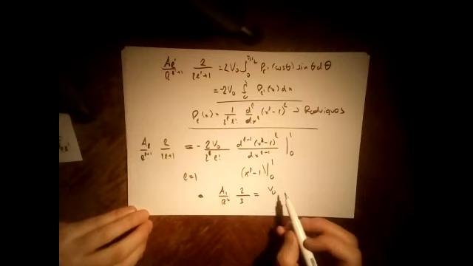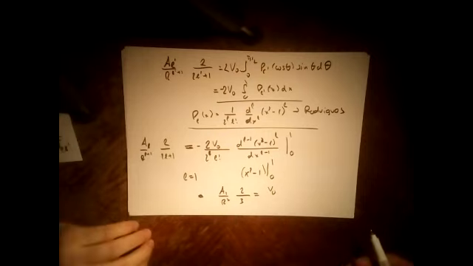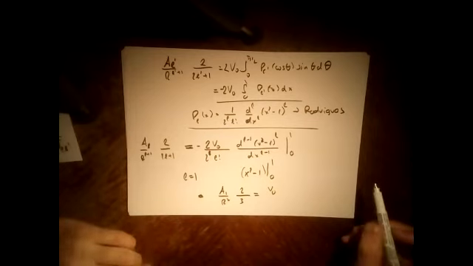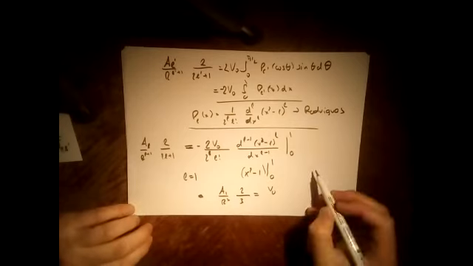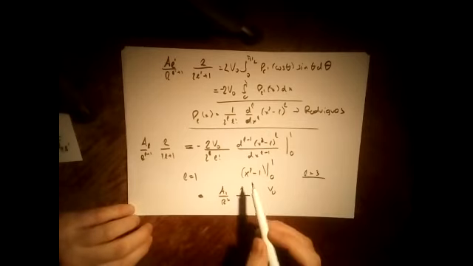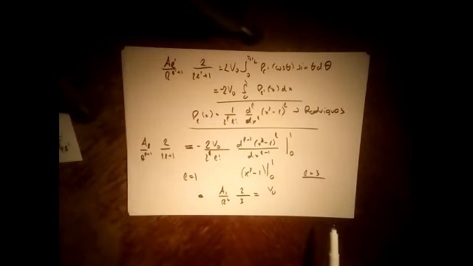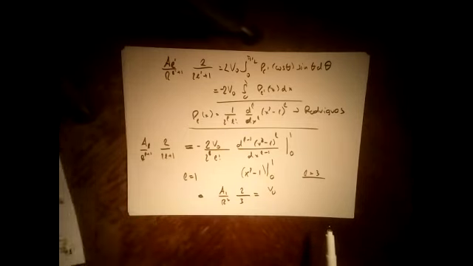So that gives us a 1. Then we can proceed similarly, and we've already established that only odd L's are needed. The next one would be L equals 3, and we would have to take the second derivative of that, and so forth. So this is one way of solving this problem.